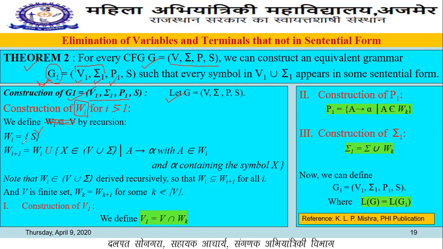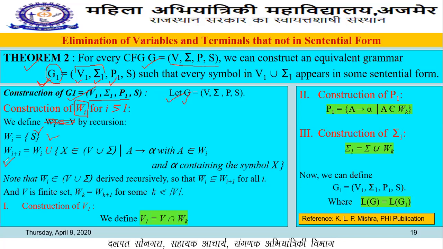So in the initial Wi, when i equals 1, it contains only the starting variable of grammar G. After that we construct W2 from W1, then Wi plus 1 means 1 plus 1, and so on recursively. So once we have created this Wi which contains only the starting variable, then we go for Wi plus 1. We will discuss this same theorem with an example in our next slide.